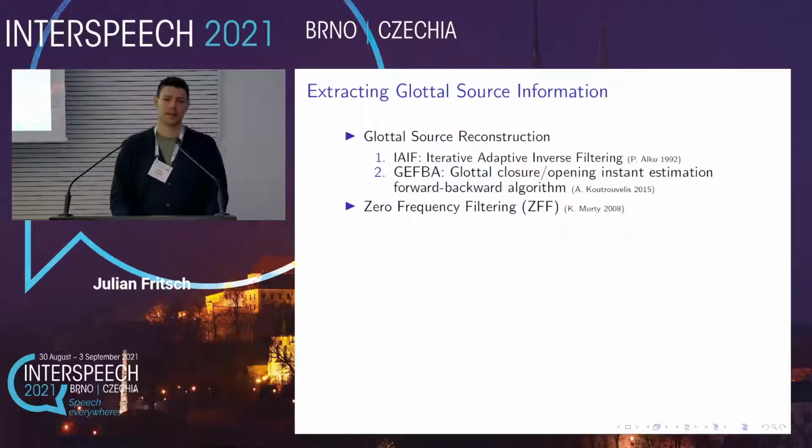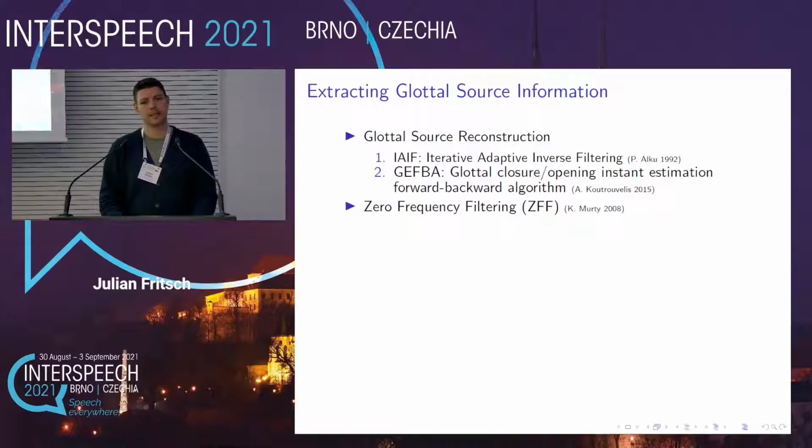And thirdly, we're using zero frequency filtering, which is based on the idea that the glottal closure generates an impulse-like excitation, therefore everything else can be removed with a cascade of two zero Hertz resonators, and then you also do a trend removal operation on that signal.